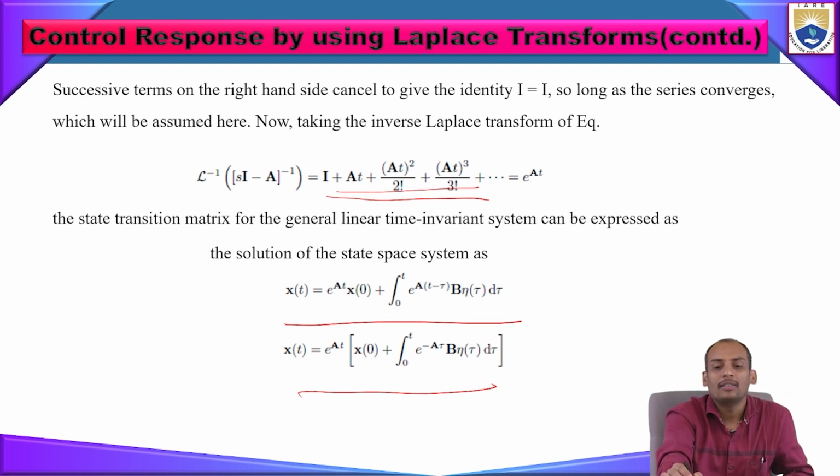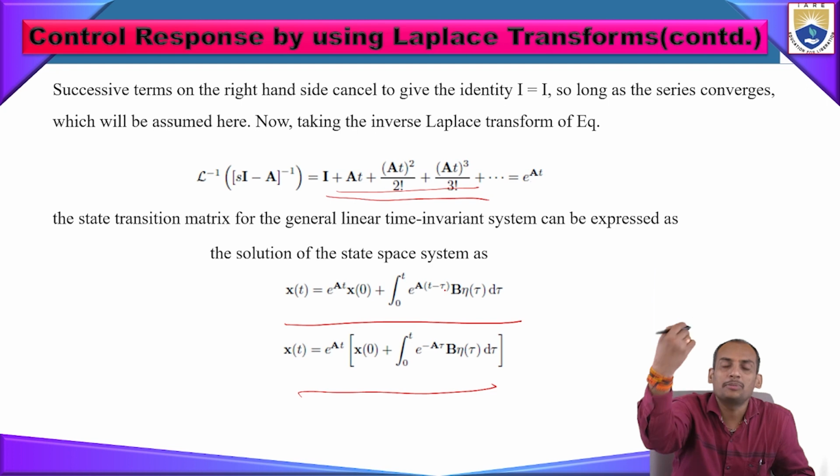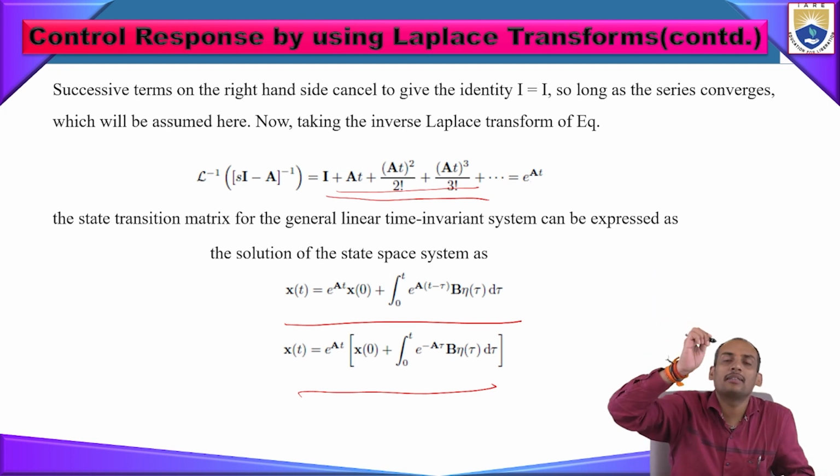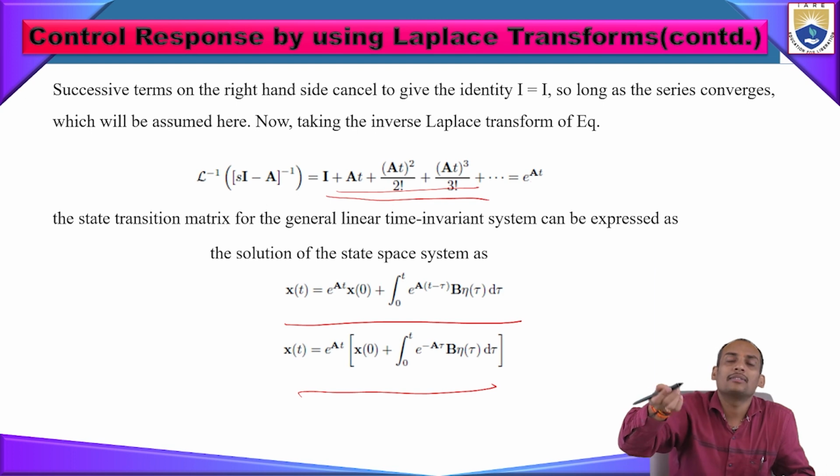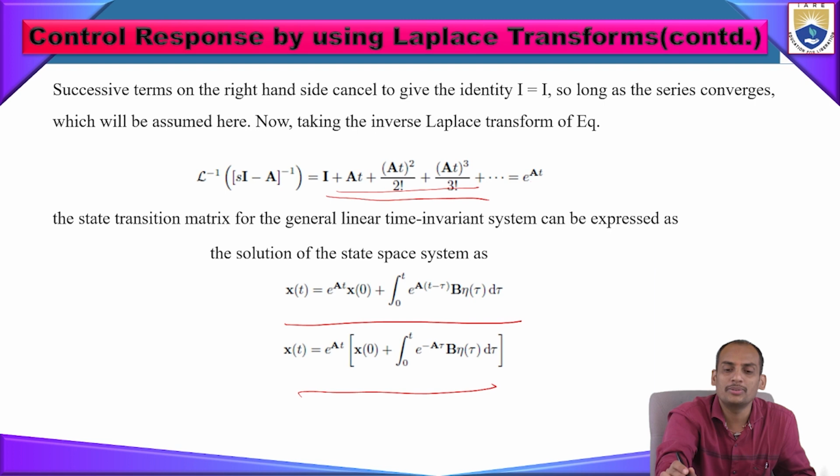So the exponential form we make into that general expansion, and if you want to write it using the convolution theorem, you can write it like that. The exponential function also you can write like this.